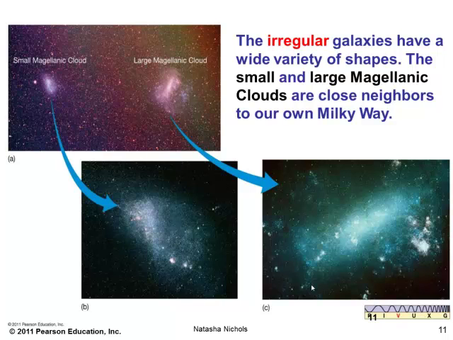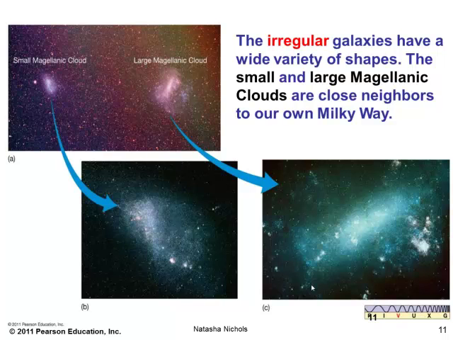They're named for the 16th century Portuguese explorer Ferdinand Magellan, whose around-the-world expedition first brought word of these fuzzy patches of light to Europe, and they're dwarf irregular galaxies, gravitationally bound to our own Milky Way galaxy. So they orbit our galaxy and accompany it on its trek through the cosmos.